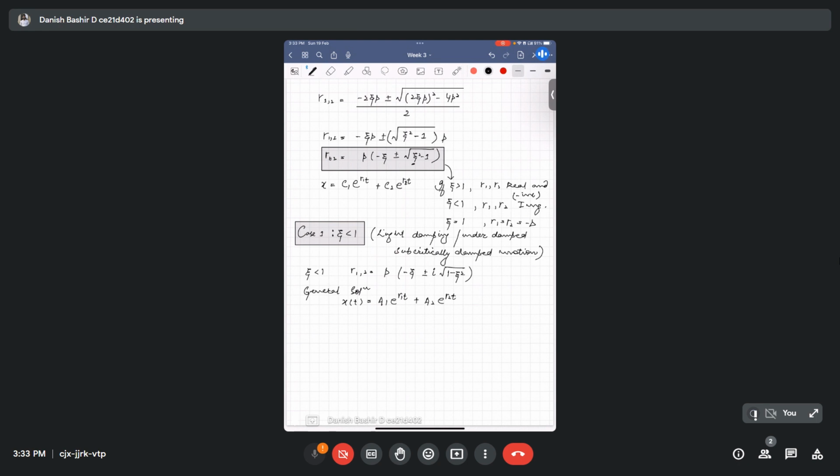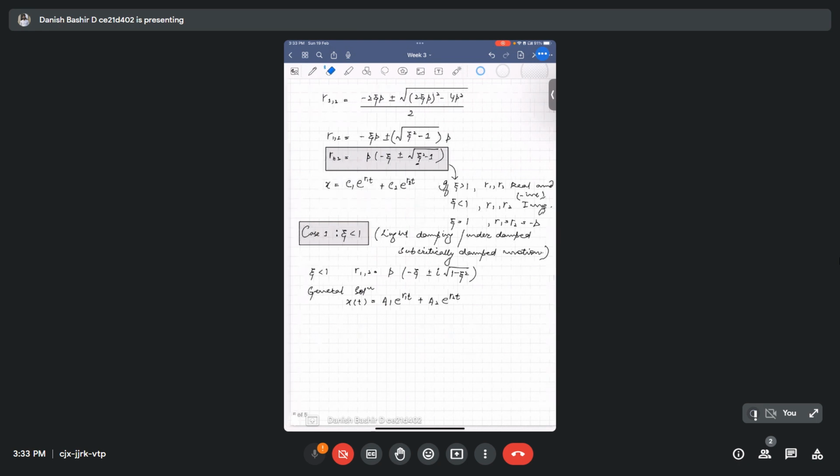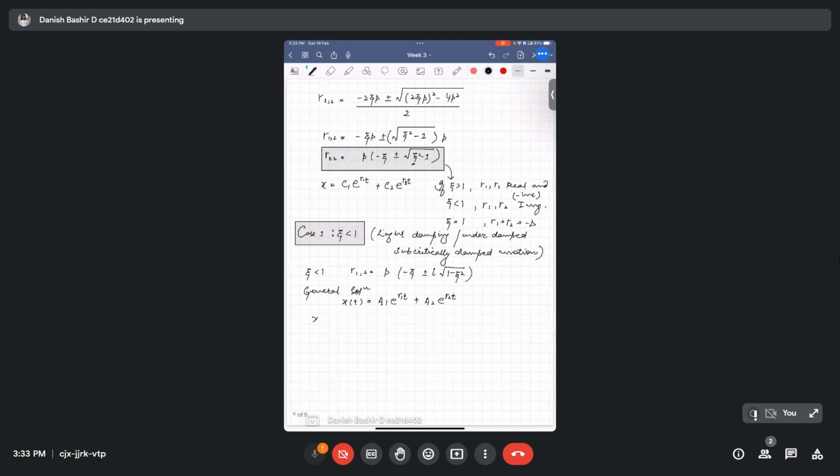So r1 and r2 we will substitute back there. x of t is equal to a1 e to the power p times minus theta plus iota root 1 minus theta square, and a2 e to the power p times minus theta minus iota times under root 1 minus theta square.